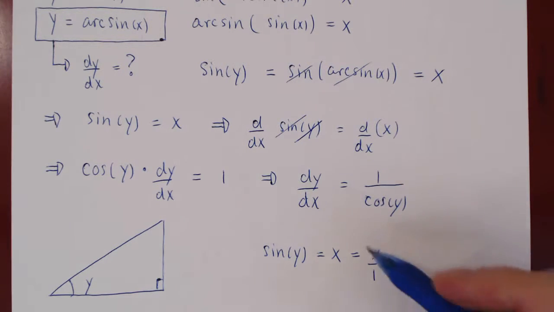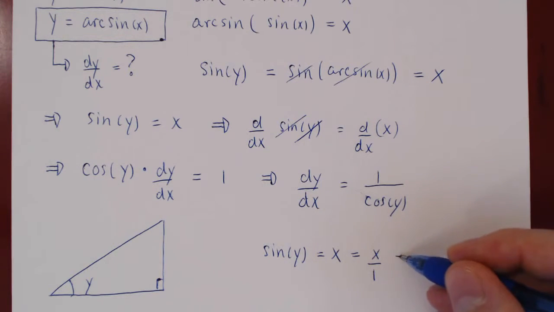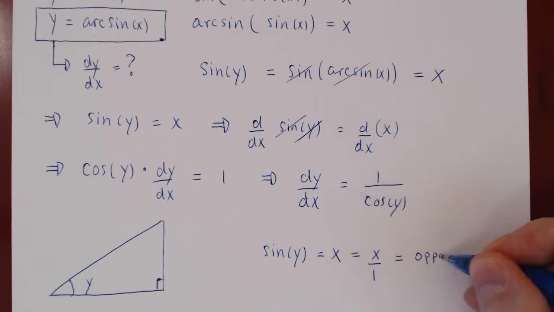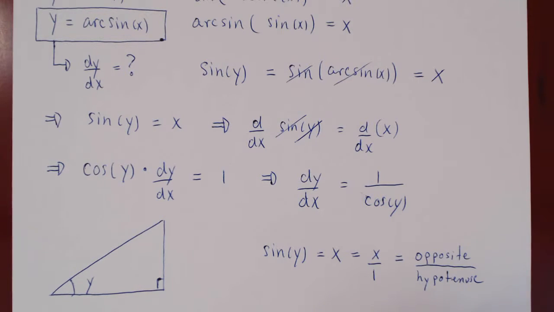And if you remember, by definition, sine of an angle, if you think of your SOHCAHTOA, is the opposite side over the hypotenuse. So if you think of it, now we can construct parts of this triangle.